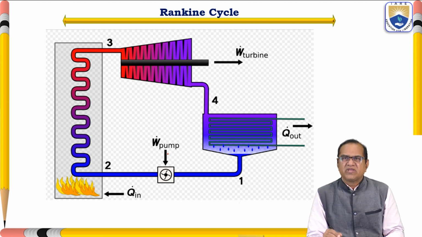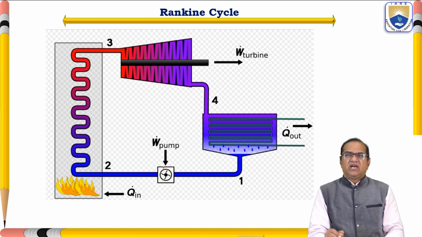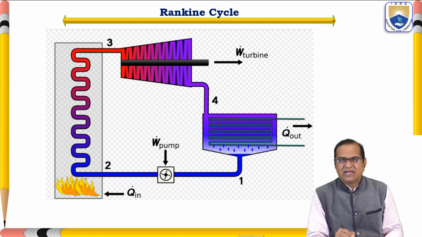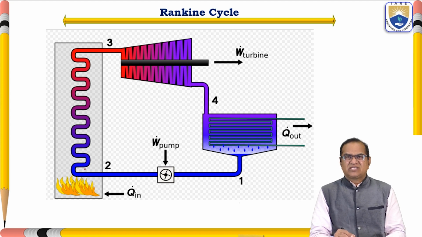Here is the pump. This liquid from point 1 is pumped, meaning it is pressurized, and it goes to a boiler. Here it is heated, meaning heat is given. It may be the burning of fuel, coal or wood, anything with which you can heat this system.